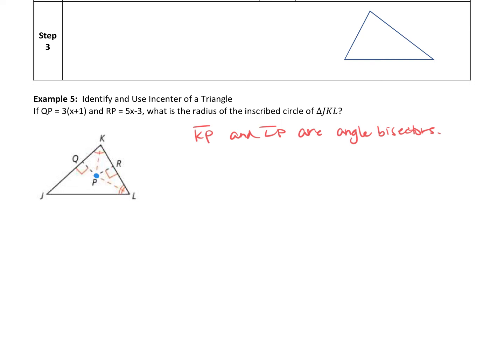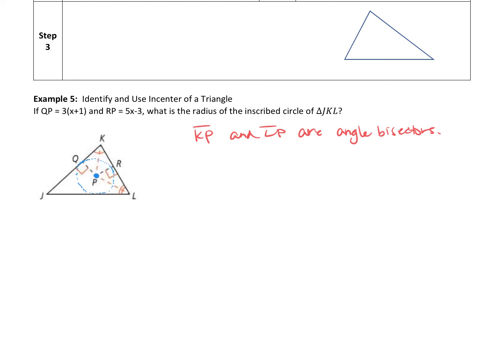So just to connect that to what we were seeing before, from the incenter to the side of a triangle will be a perpendicular segment, and the inscribed circle would go through those points. So points Q and R, I know there's a circle that's going to hit through those. It would come down and hit through these like that.